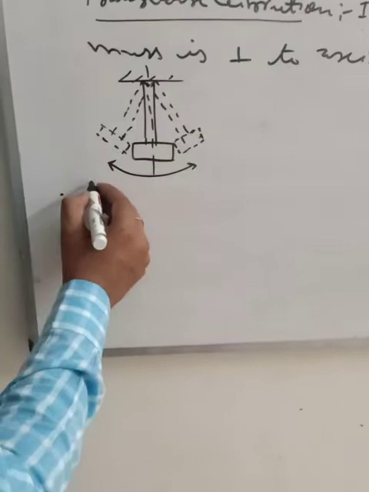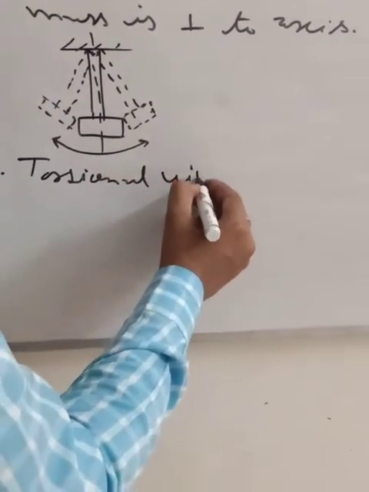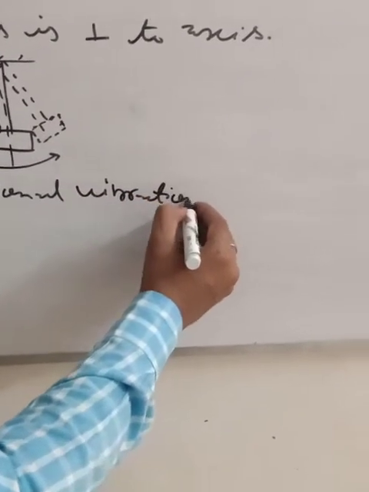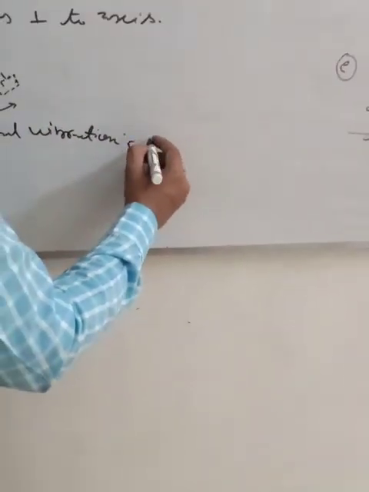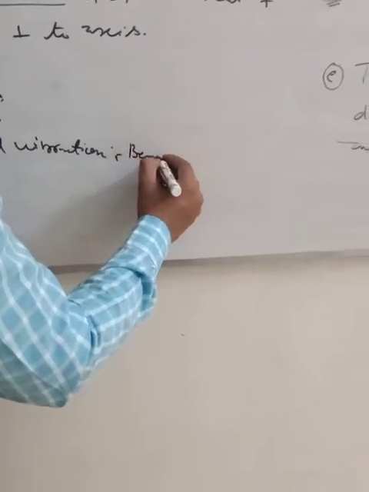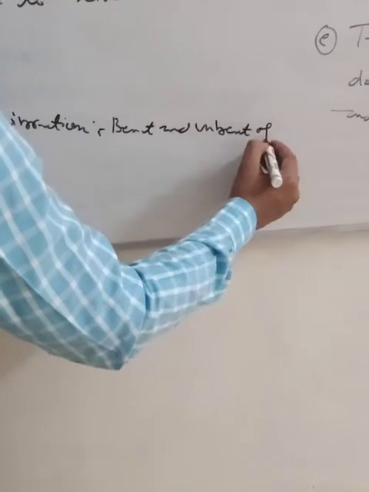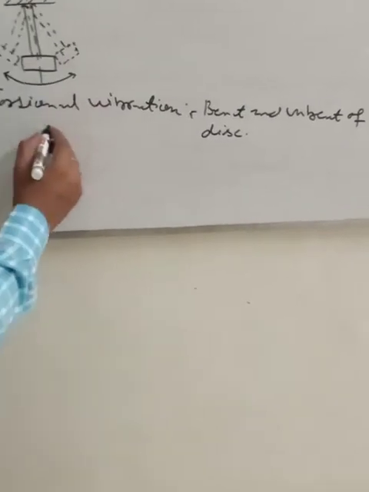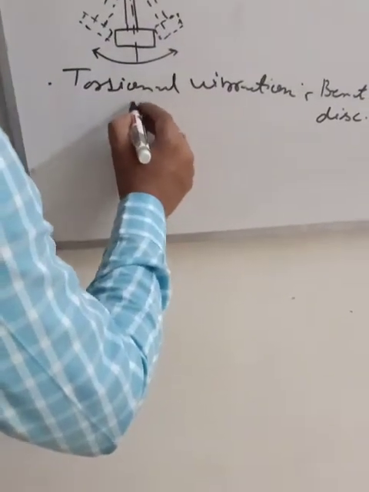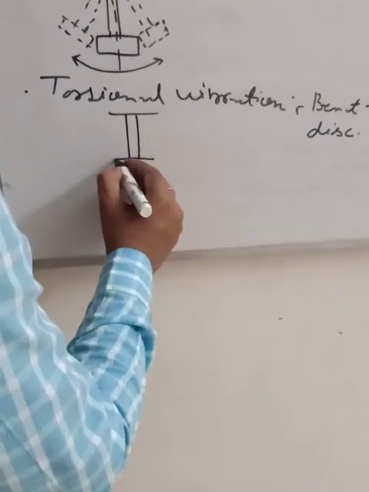Third is torsional vibration. If you give an angular displacement, then the twisting and untwisting of the disc is known as torsional vibration.